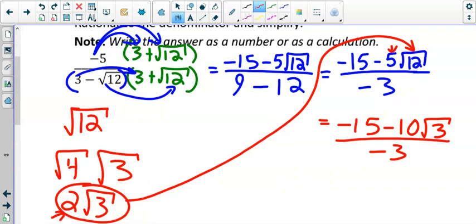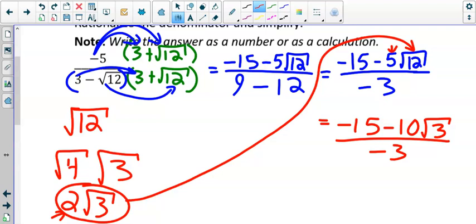That's where the 10 came from. And then now, look at your numbers on the outside. Negative 15, negative 10, and negative 3. Is there any number that can divide all 3 of those? Then that's the final answer.